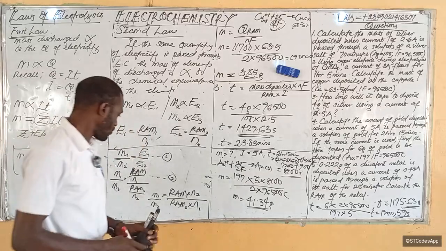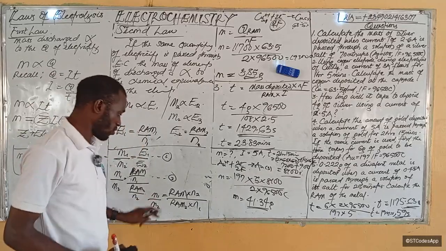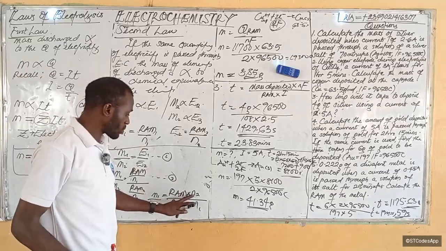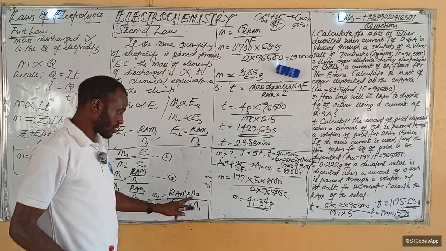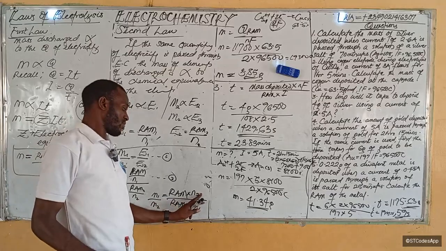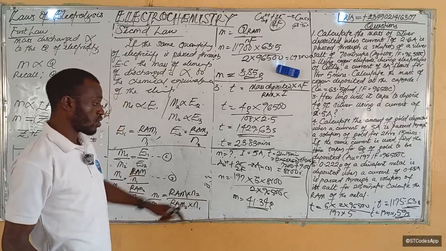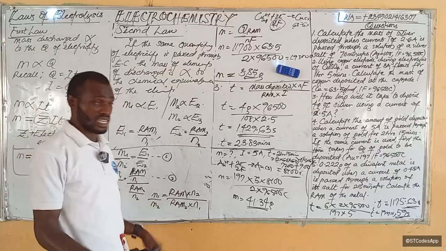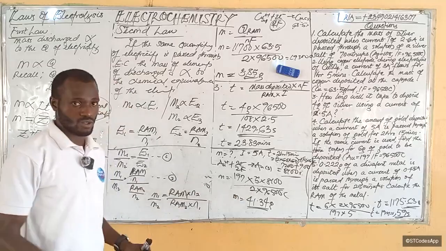Is that clear? It's very simple. Just know your first metal, know your second metal. Once you designate, you use the RAM of your first metal, divided by RAM of second metal, times number of moles of second metal, divided by number of moles of first metal. So you see here, you don't need Faraday. You don't need quantity of electricity as well.